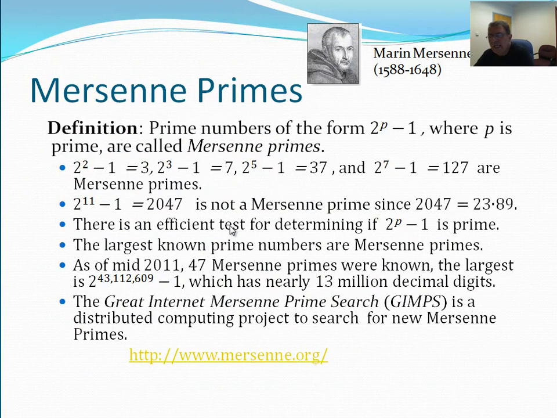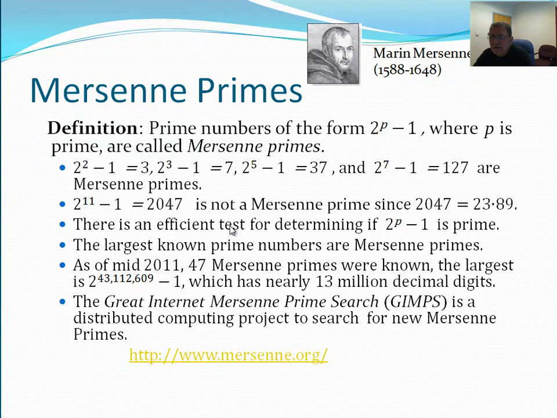And also here are the Mersenne primes. These are also famous. Prime numbers of the form 2 to the power of p minus 1, where p is a prime, are called Mersenne primes. For example, 2 to the power of 2 minus 1 is equal to 3. All right?